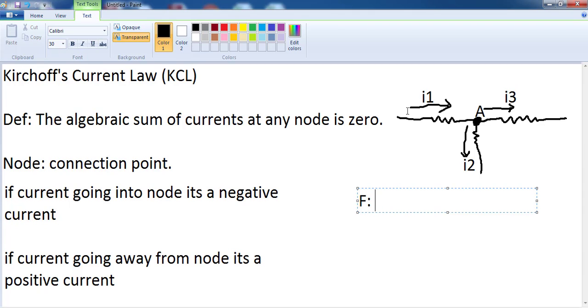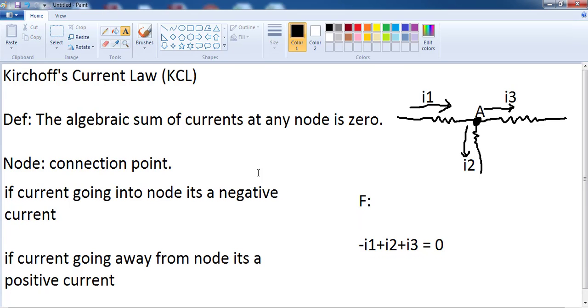Formula is: I1 is going into the node, so it's a negative current. I1 negative plus I2 positive plus I3 also positive equals 0. Okay?